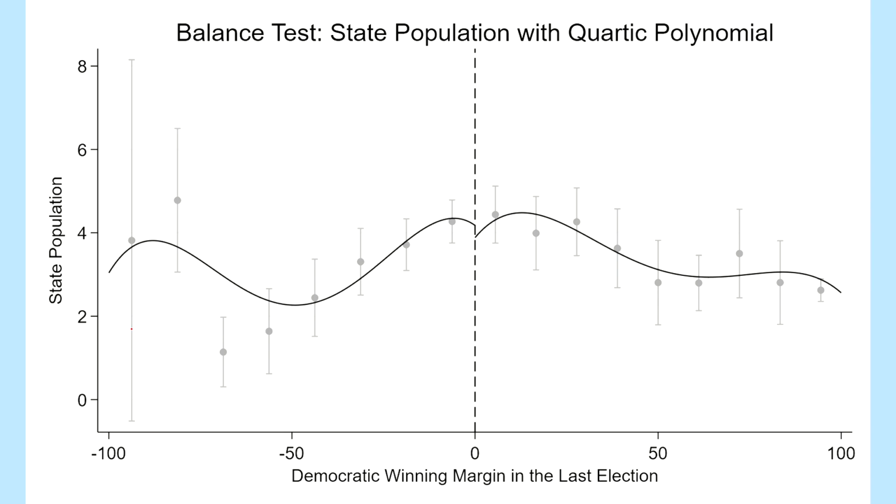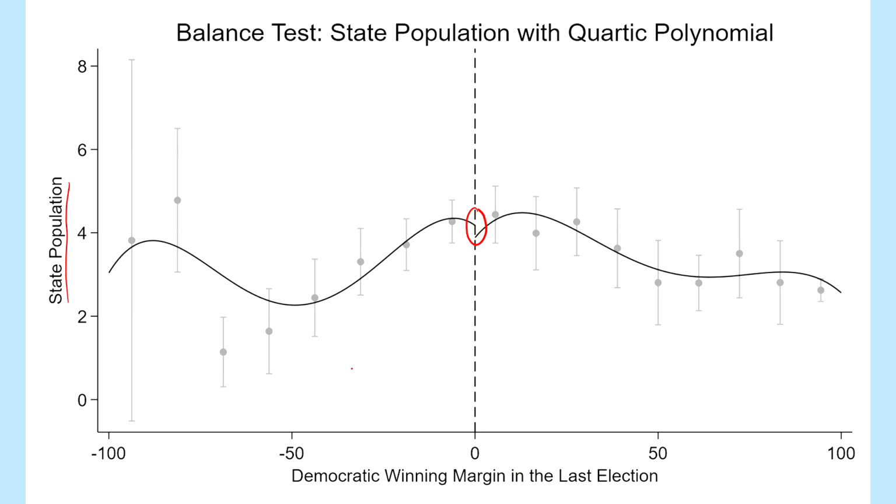So what I've done here is I've graphed the state population around this Democratic winning margin. And if there were to be a large difference here between the left-hand side and the right-hand side, that would again point to a failure of our assumptions. It would point to the individual idiosyncratic characteristics being different on the left-hand side and on the right-hand side.